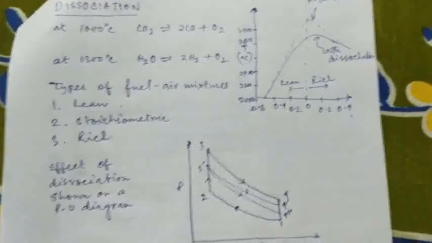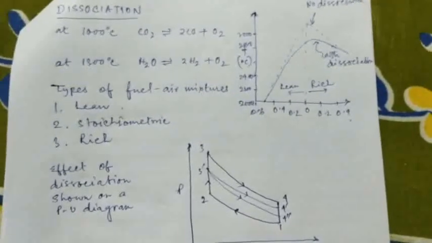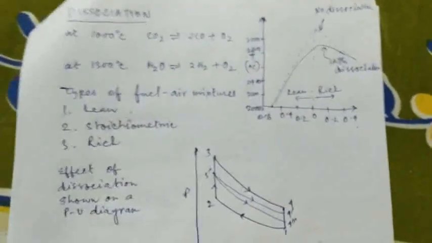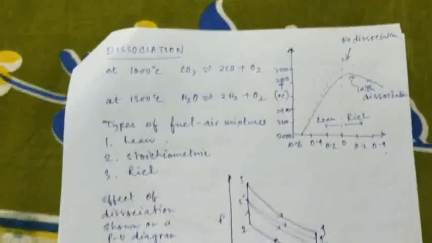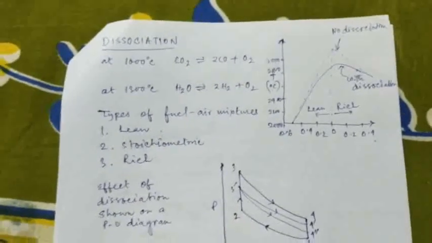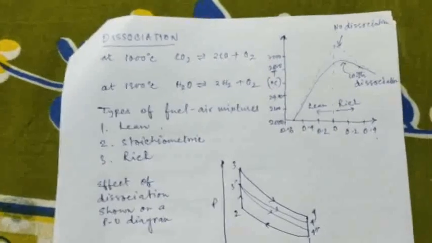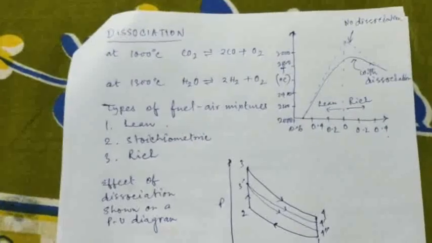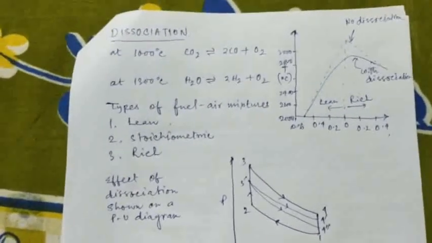Our next consideration for fuel air cycle analysis is dissociation. What is dissociation? Dissociation can be considered as the disintegration of combustion products at high temperature. Dissociation can also be looked at as a reverse process of combustion.